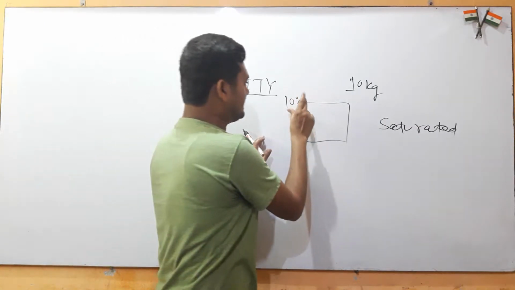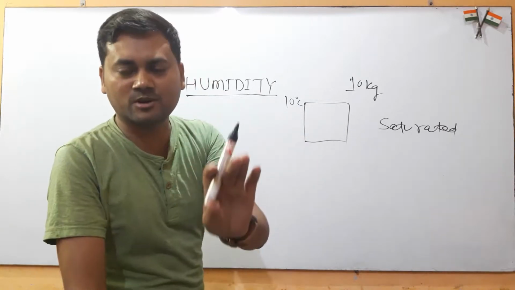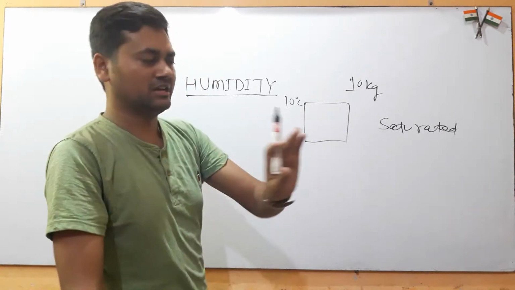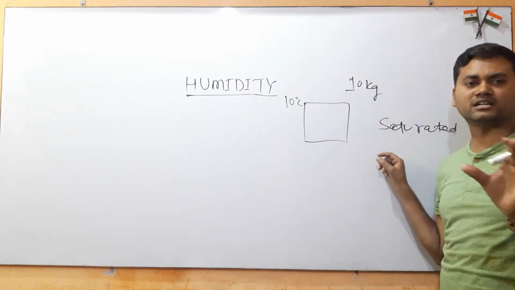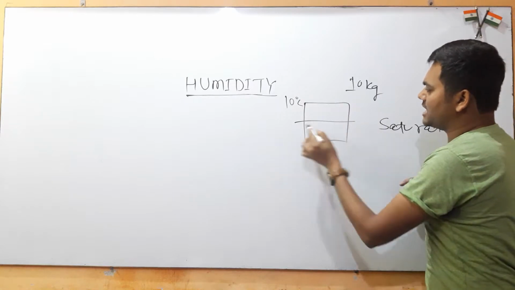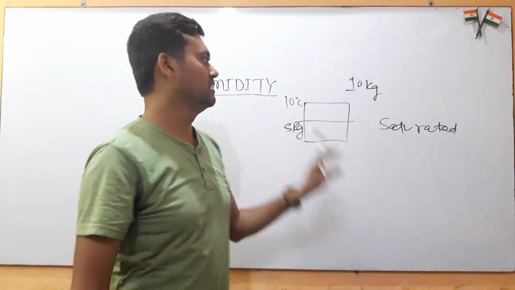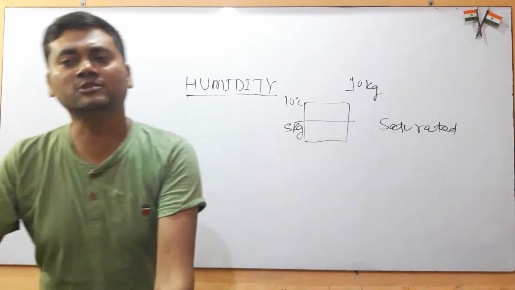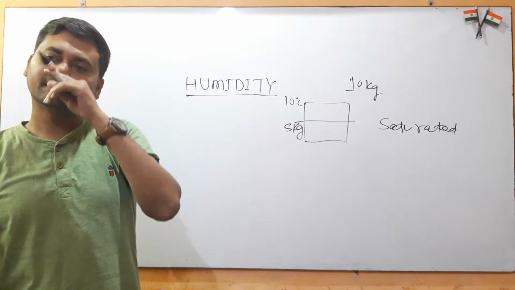So if at 10 degrees Celsius the air can hold 10 kg of water vapor, but only 5 kg is there, it means the air is 50% saturated.